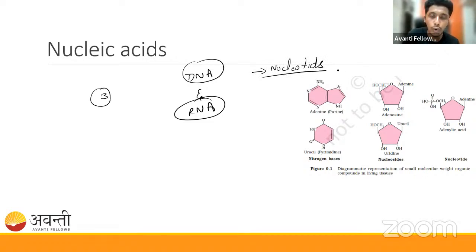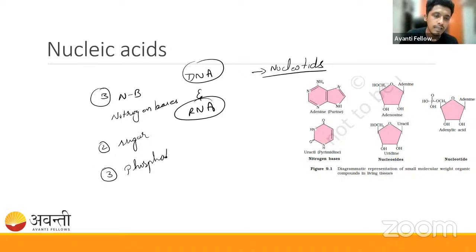One is nitrogenous bases, the second ingredient is the sugar molecule, and the third ingredient is a phosphate group. These 3 combine together to form a nucleotide.